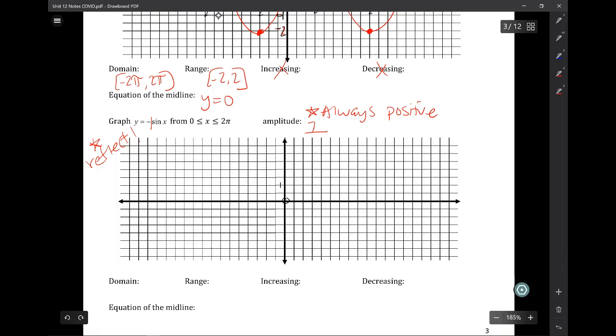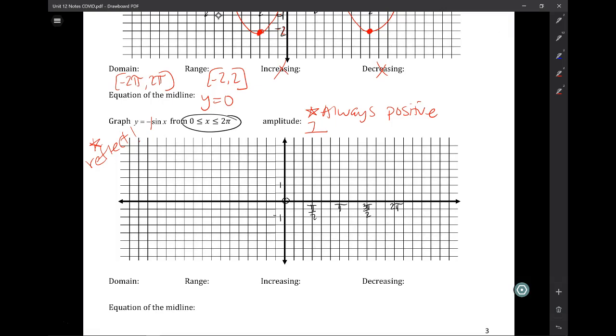So I'm going to go up to 1 and down to negative 1, and pi over 2, pi, 3 pi over 2, and 2 pi. And if you notice, it only has me go from 0 to 2 pi this time, so I don't have to do the left-hand side anymore.